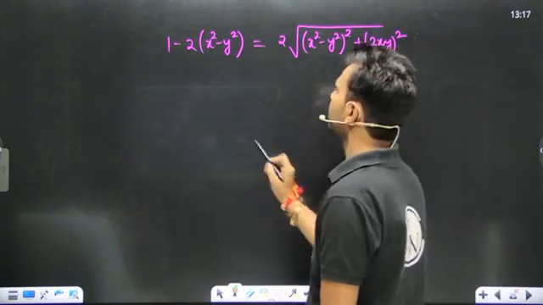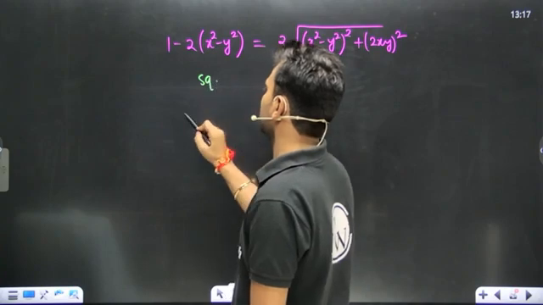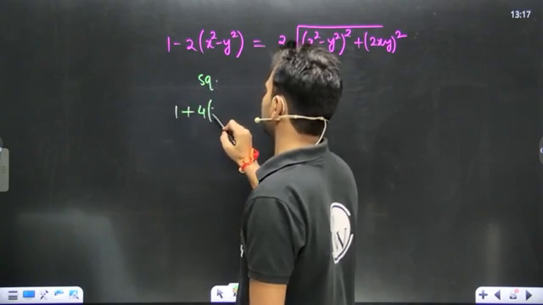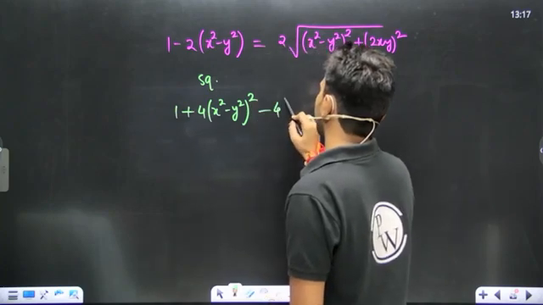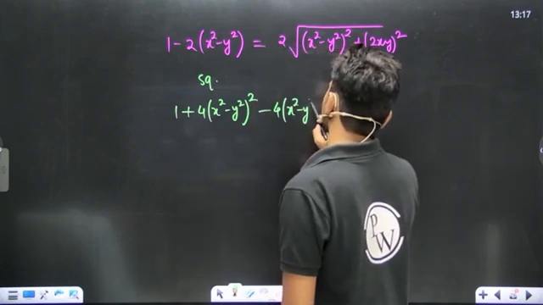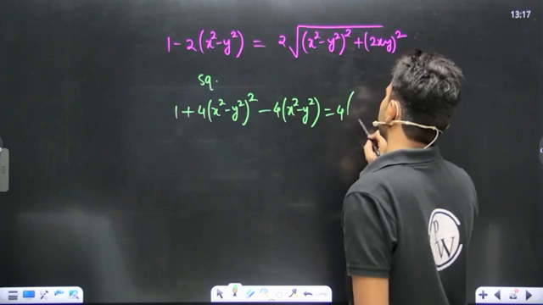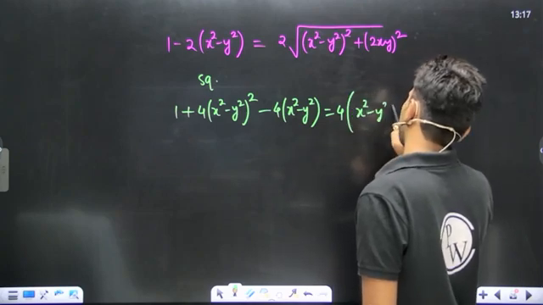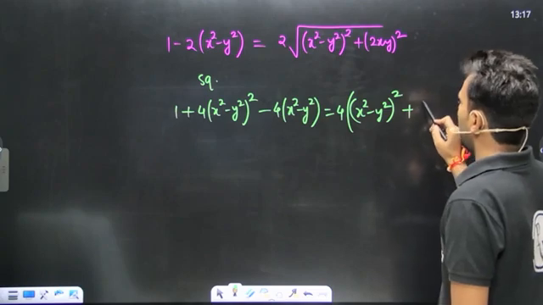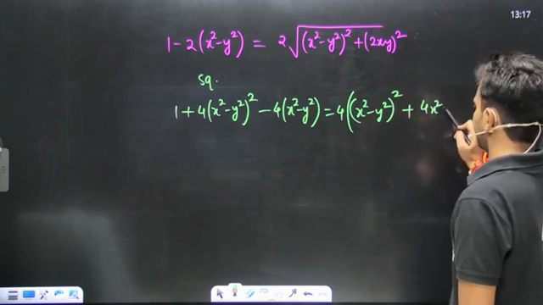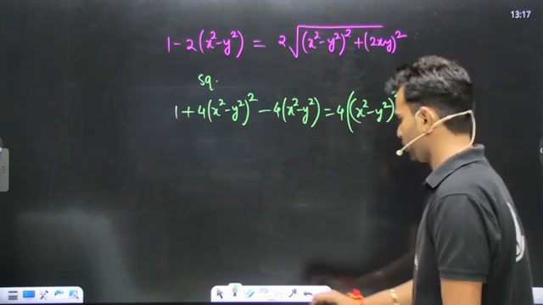Okay. Moving ahead. Squaring once again: 1 plus 4 times (x square minus y square) whole square minus 4 times (x square minus y square) is equal to 4 times (x square minus y square) whole square plus 4x square y square will come over here. Okay.